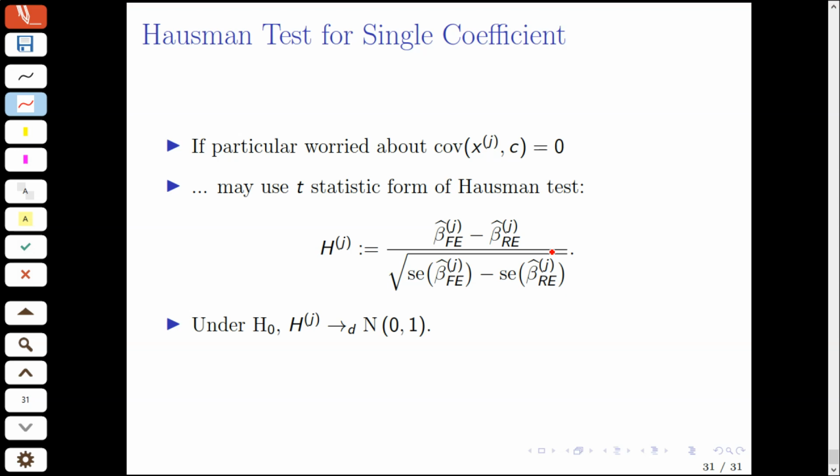Under the null hypothesis, this simpler coordinate form of the Hausman test statistic converges in distribution to a standard normal, and we may therefore use as critical values the relevant quantiles from the normal distribution instead.